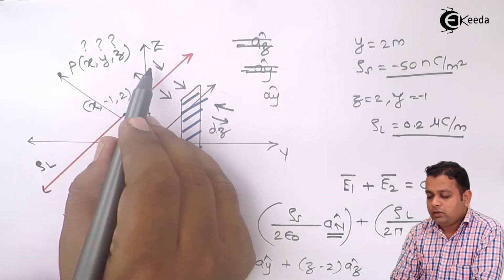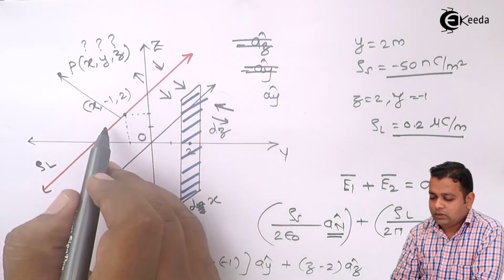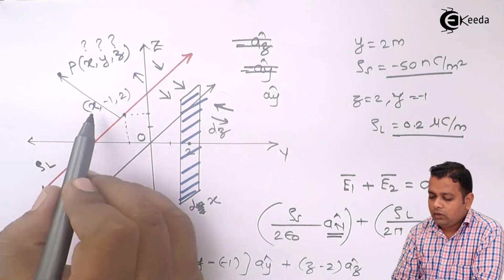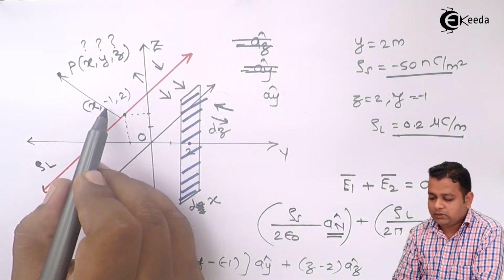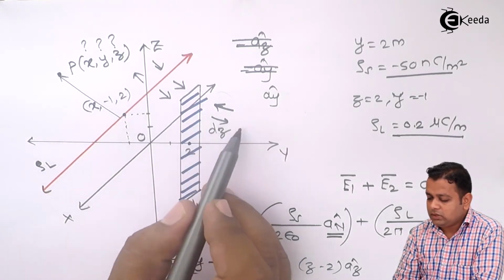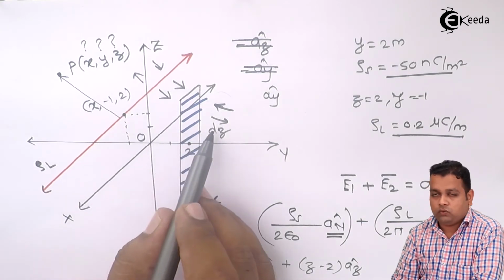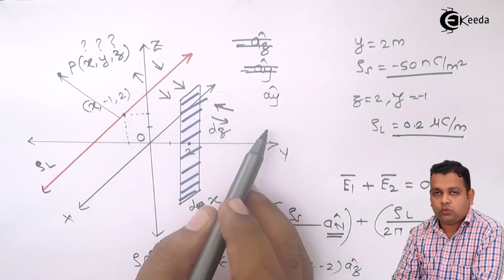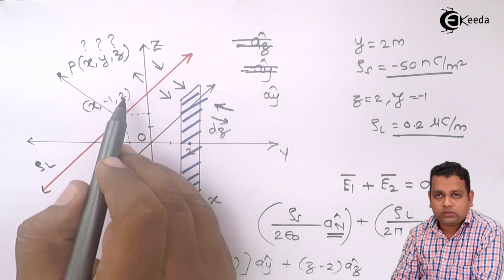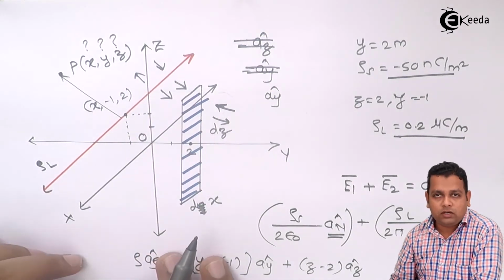The fields are in the reverse direction in the region y less than minus 1, and in the region y greater than 2. So in these regions only they have the reverse direction. So let us apply the condition here.